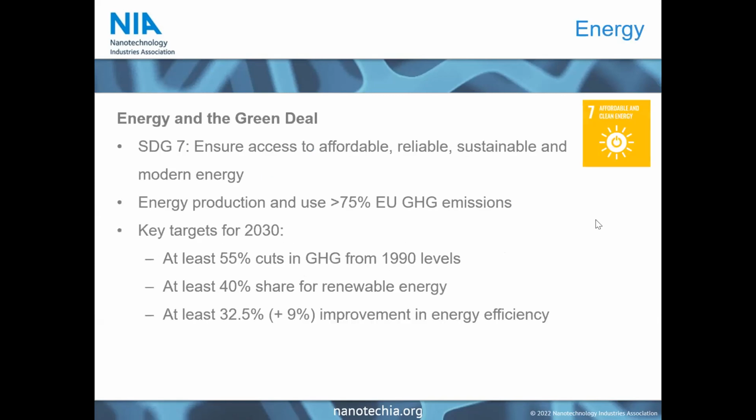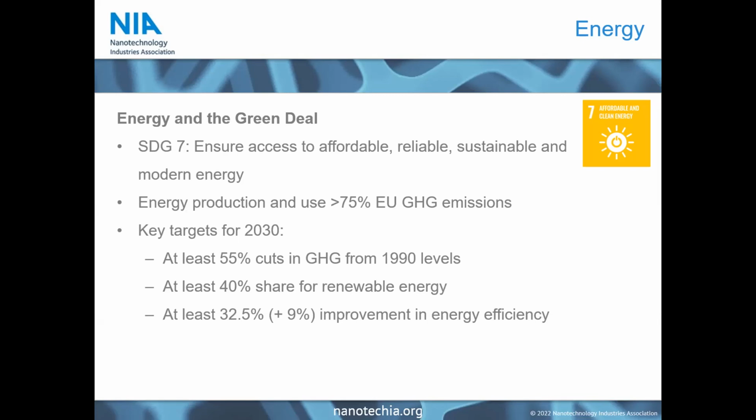So the first one we picked is energy. And so energy obviously has been very much in the headlines this last week because of geopolitical developments. But as you know, indeed, it is one of the key sectors in climate action strategies globally. So it is one of the sustainable development goals that we should try to achieve by 2030.